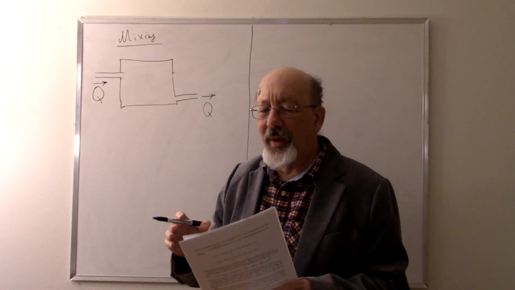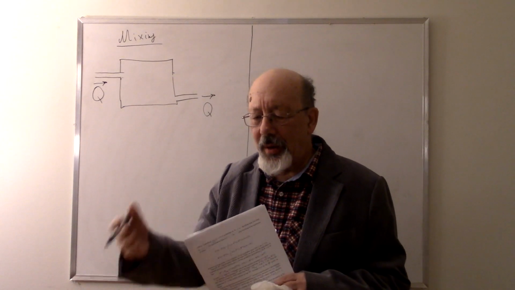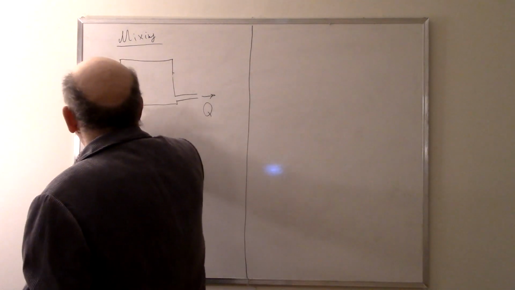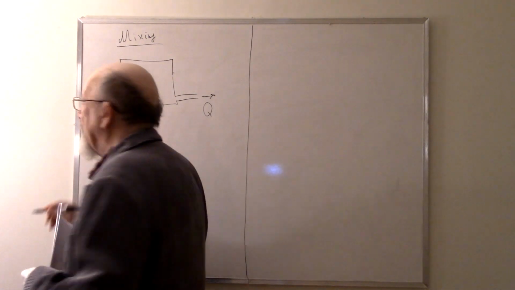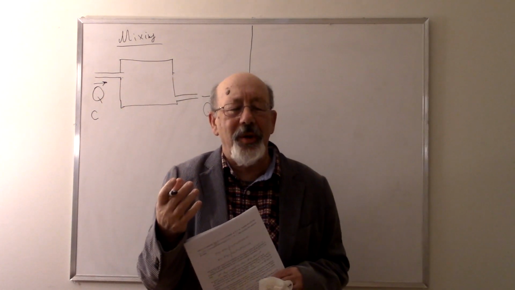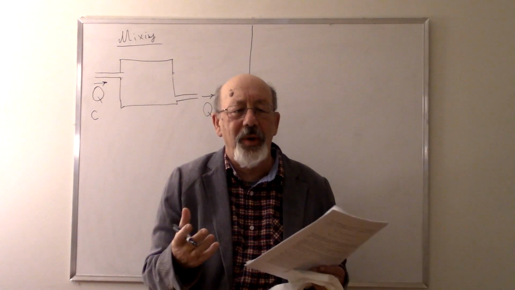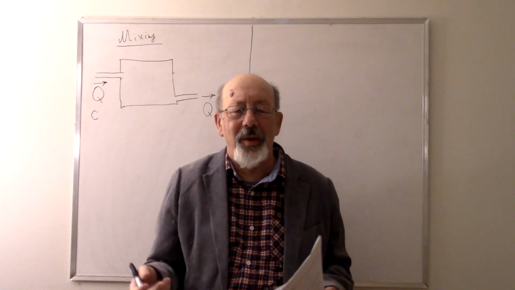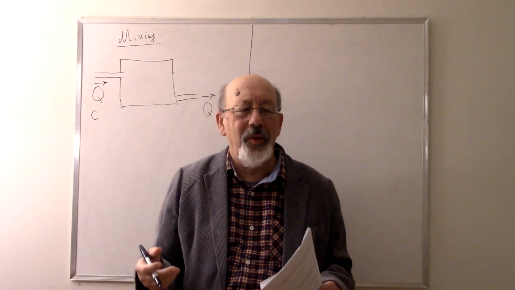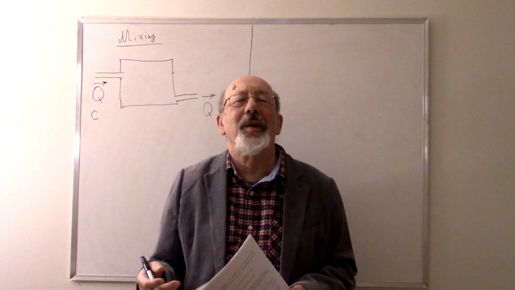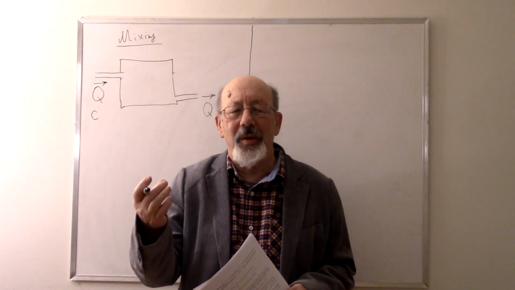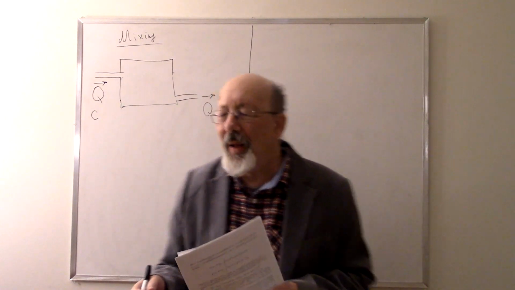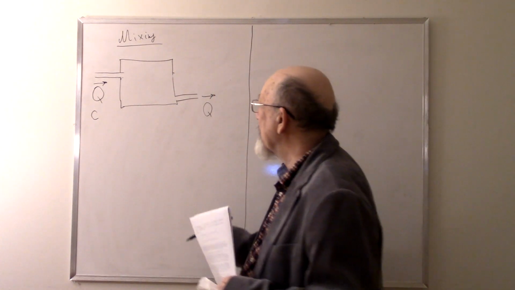Now we have something dissolved in this water, which has concentration C. C is the mass concentration, the mass of this additive in unit volume. Say we have salt, so it can be described by the mass of the salt in a cubic meter or in 1 liter, whatever, and it is called concentration.